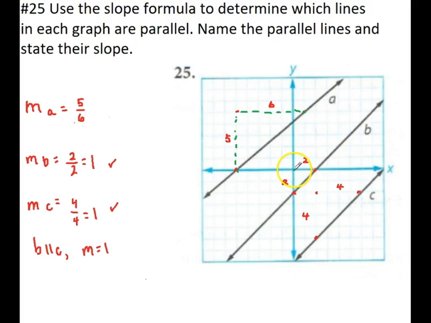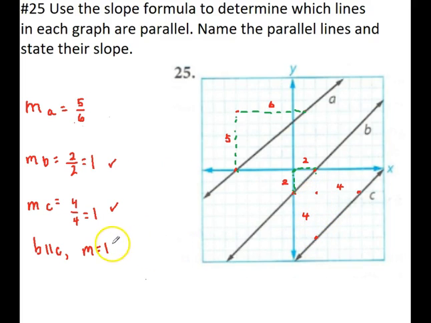Now I have the 2 convenient points here, and I'm going to go from left to right 2 spaces, and I'm going to go 2 spaces here also. So I'm going to be consistent in the direction that I went with my other angle, and the slope is 2 over 2, which is 1.